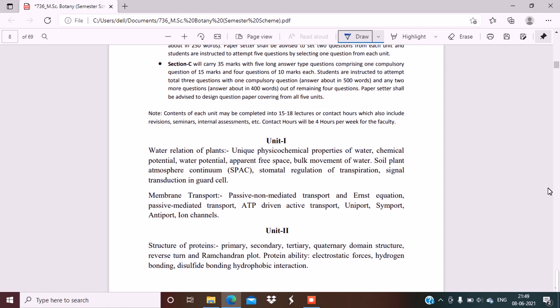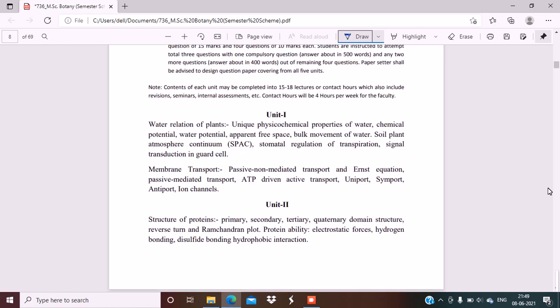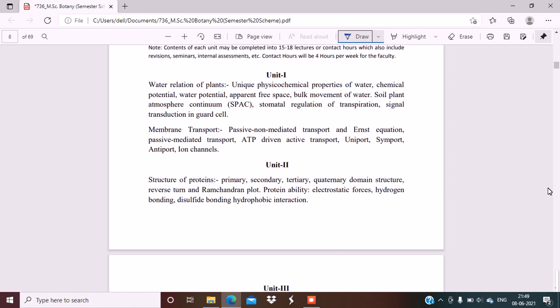Then membrane transport: passive non-mediated transport and the Nernst equation, passive mediated transport, ATP driven active transport, uniport, symport, antiport and ion channels. This topic you will get in the book Fundamentals of Plant Physiology by V.K. Jain of S. Chand Publications.